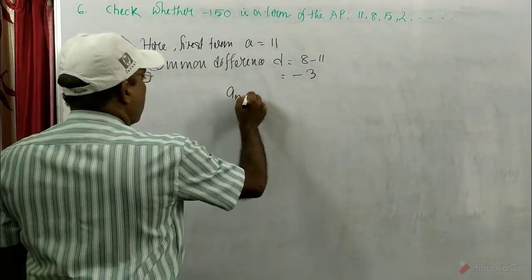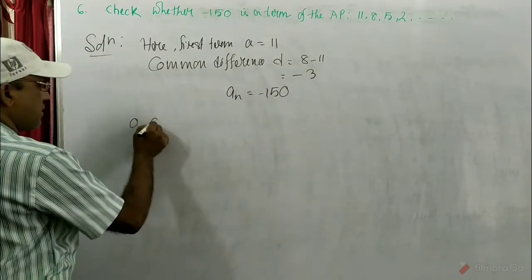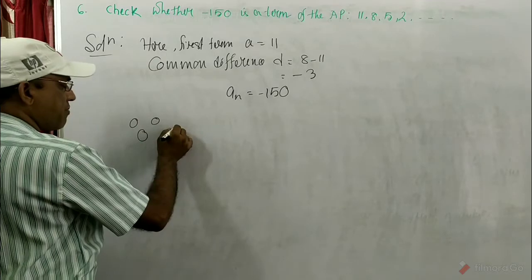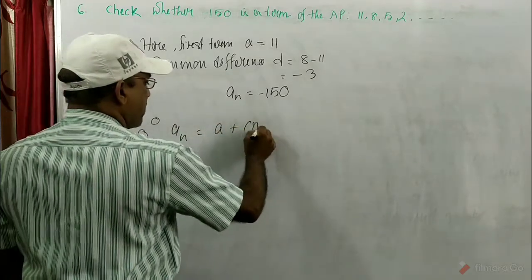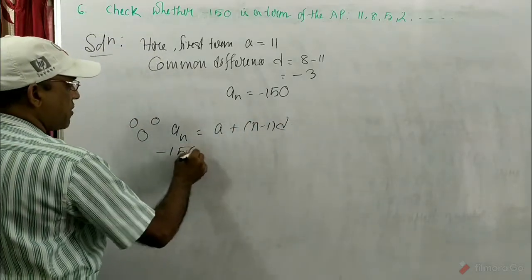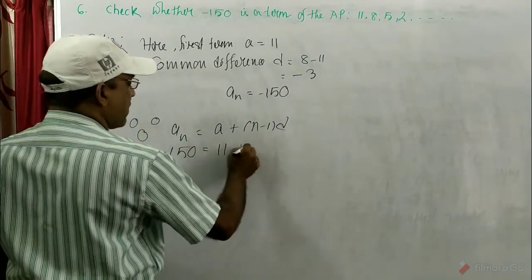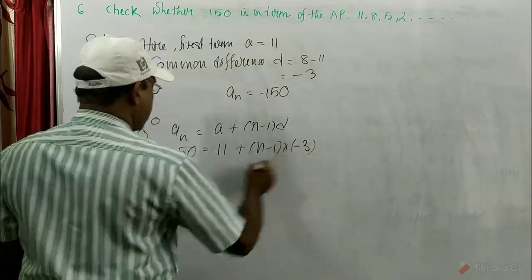An equals minus 150. Since we know the nth term, an equals a plus (n minus 1) into d. Here an is minus 150, a is 11, and d is minus 3.